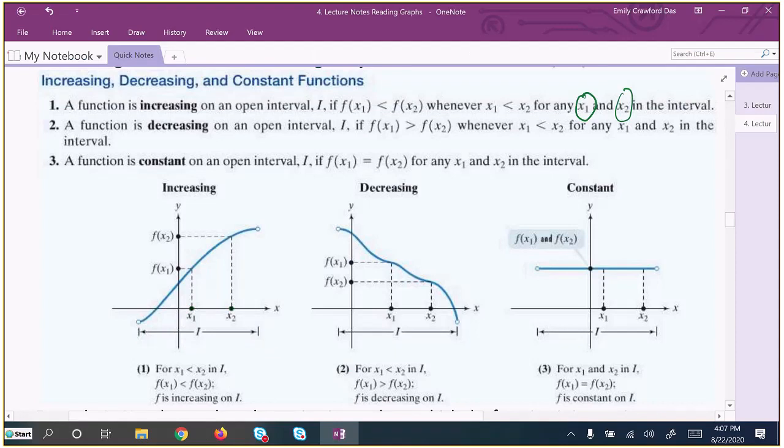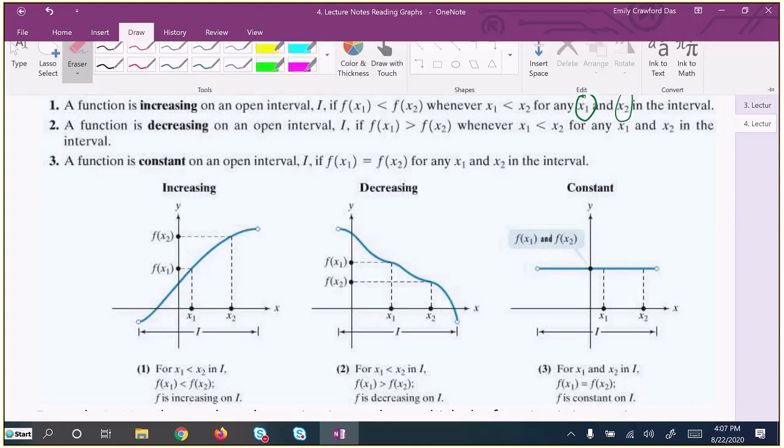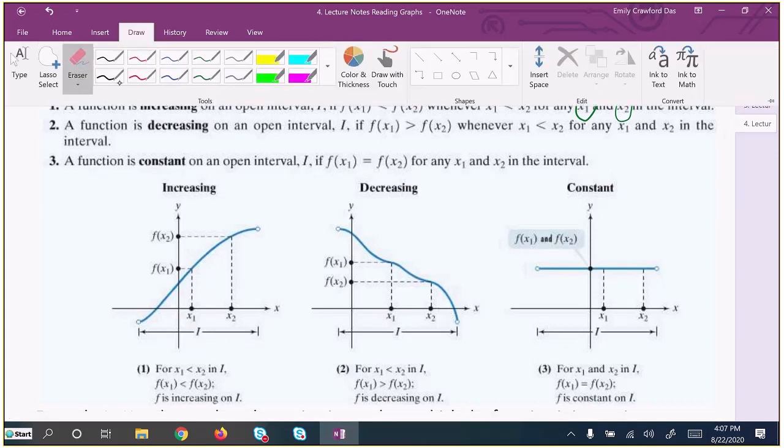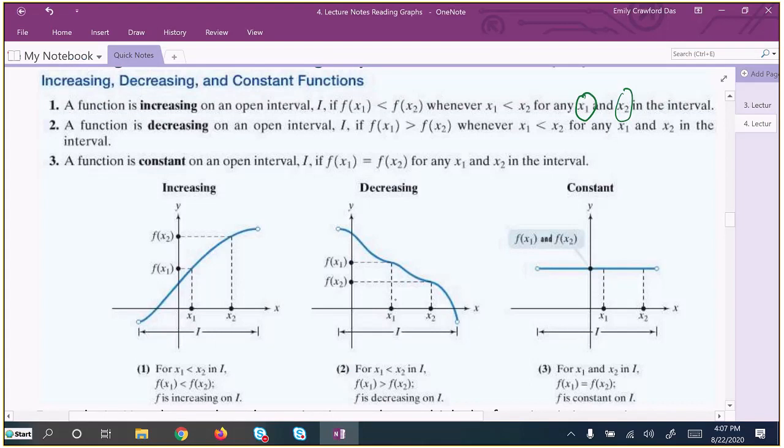Okay, a similar notion is decreasing. Again, we start with an open interval and pick 2 points in the interval. If the function is decreasing, then the larger x value now corresponds to the smaller y value, and the smaller x value corresponds to the larger y value.